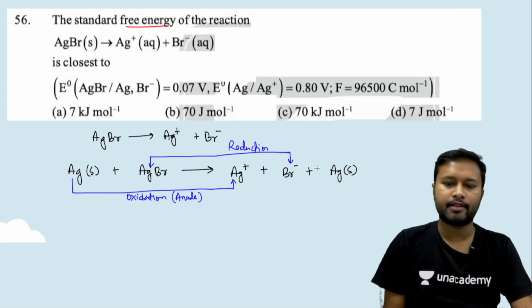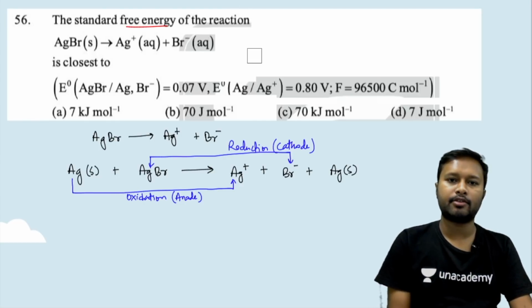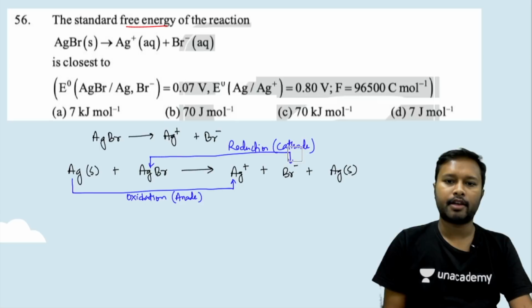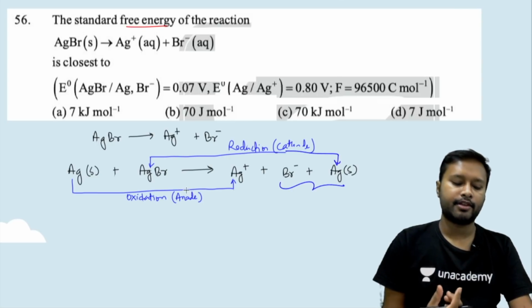Basically you can do it like this also, from here to here. So it's undergoing reduction, and this is going to happen at the cathode. So silver is undergoing oxidation and reduction both.